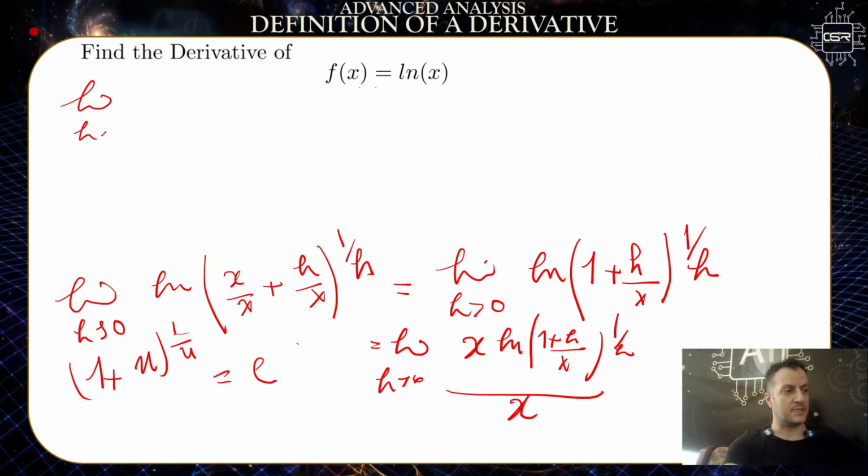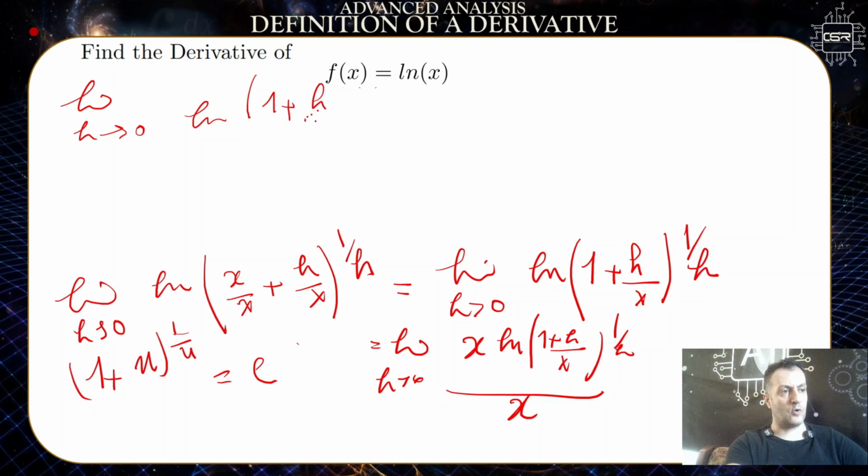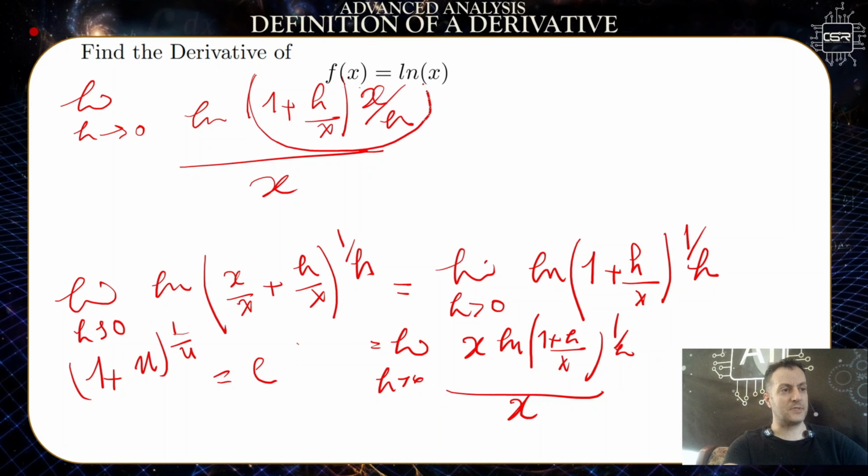So this becomes the limit as h approaches 0. x can be elevated to the power. So you end up with ln (1 plus h over x) to the power of x over h, all divided by x. All of that becomes e, the number e, exponential.